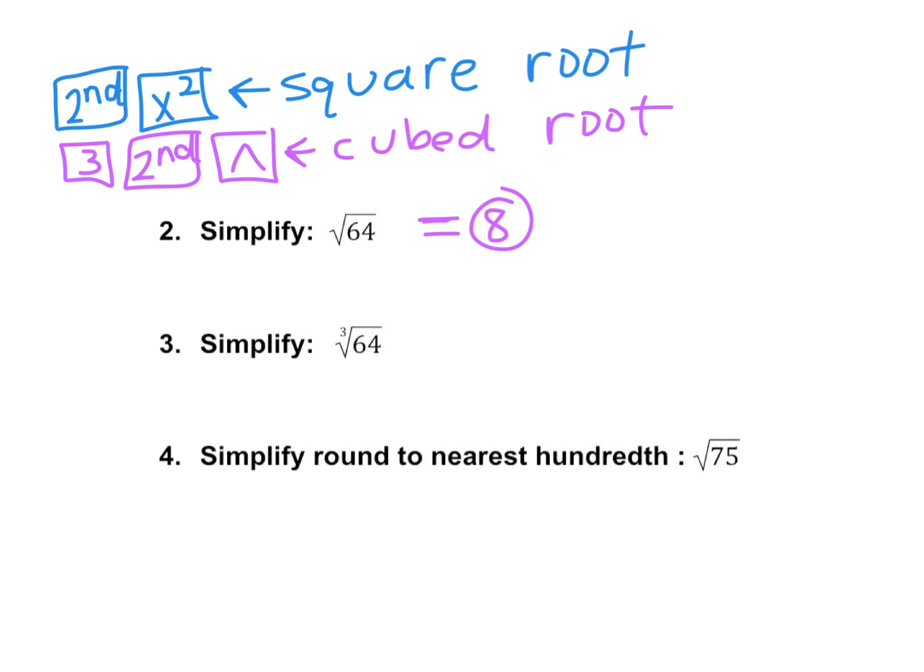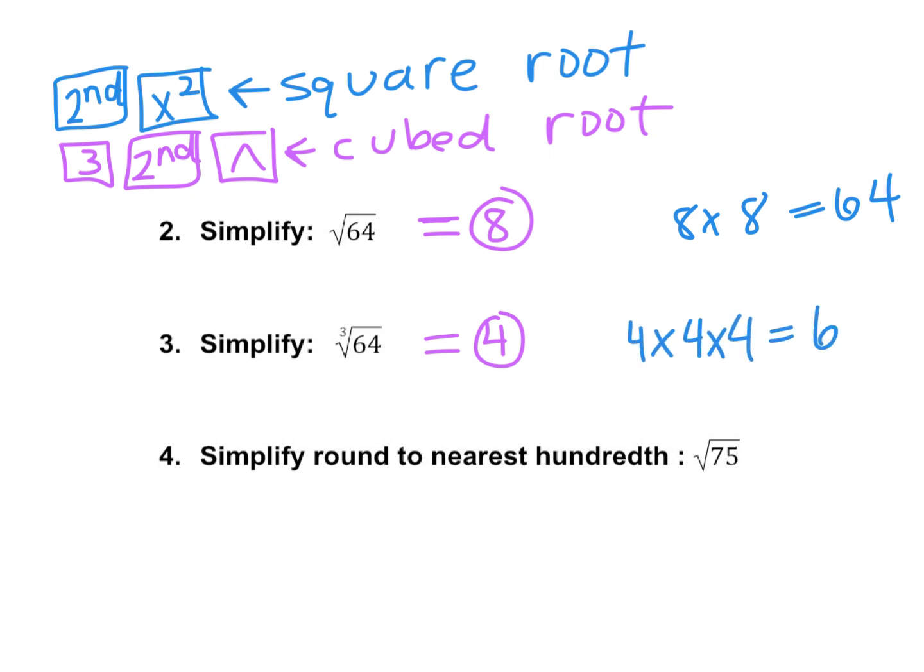But the cubed root of 64 is a digit to the third power. So the cubed root of 64 is 4. Kind of interesting because 8 times 8 is 64, so the square root of 64 is 8. And 4 times 4 times 4 is 64, so the cubed root of 64 is 4.